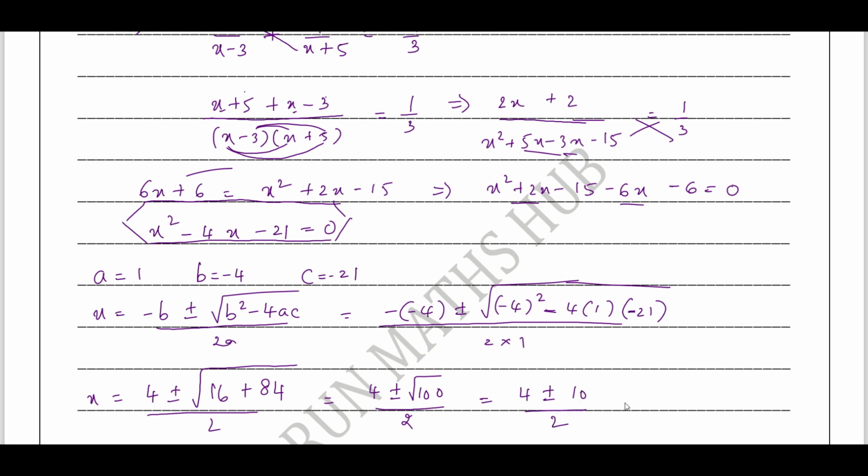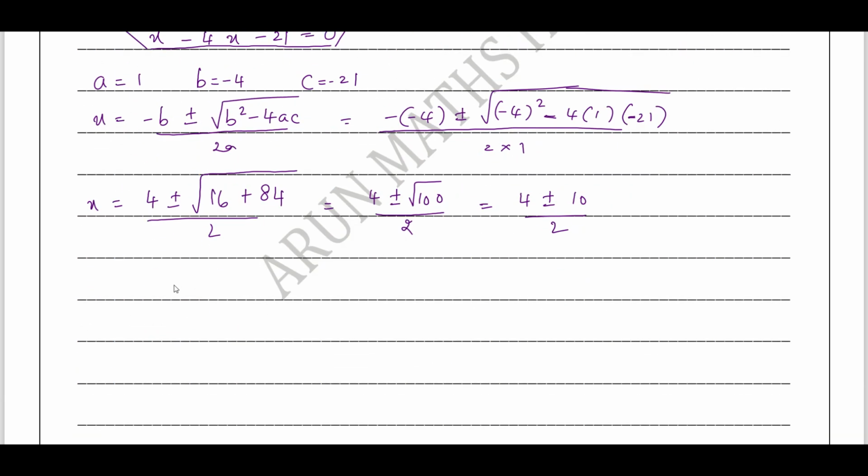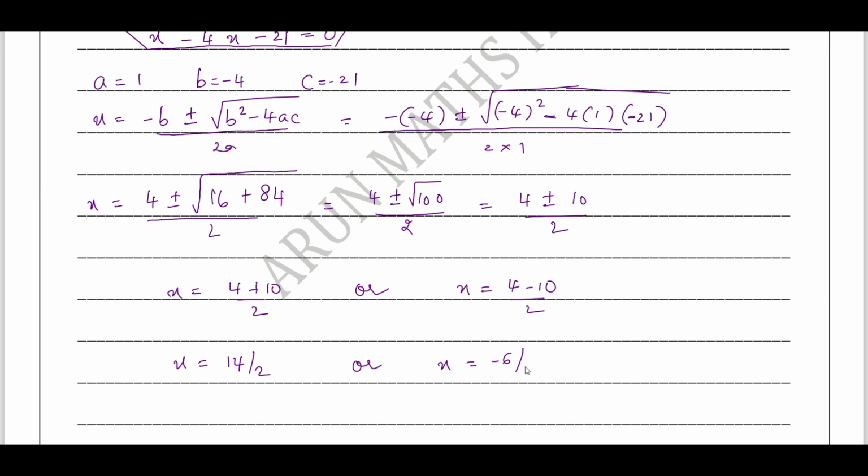Now x can be 4 plus 10 by 2 or x equals 4 minus 10 by 2. x equals 14 by 2, since 4 plus 10 is 14, or x equals minus 6 by 2.